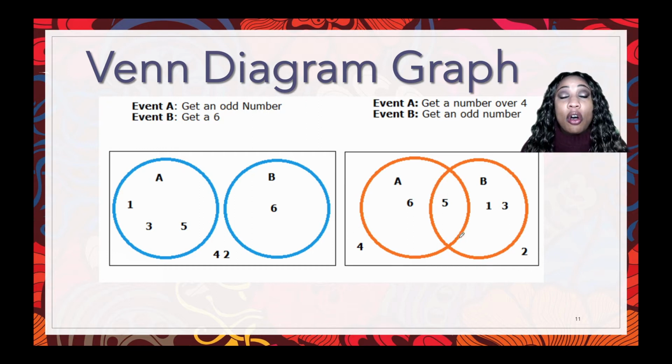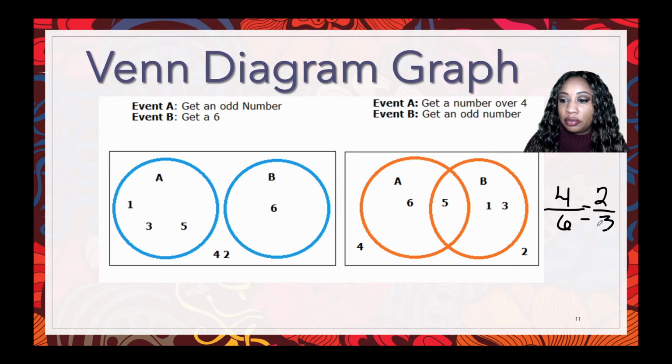Okay, so hopefully you have figured out the problem. Now, you probably just said, okay, so there are 4 things that can happen out of a total of 1, 2, 3, 4, 5, 6. Right? And we always want to simplify, so that's going to be 2/3.